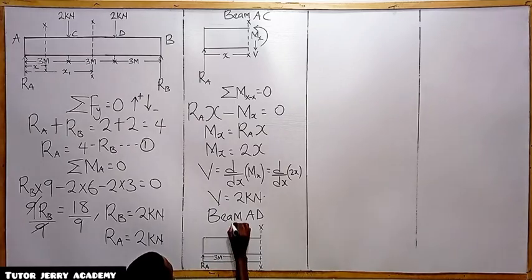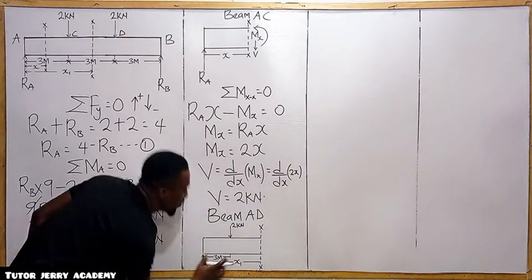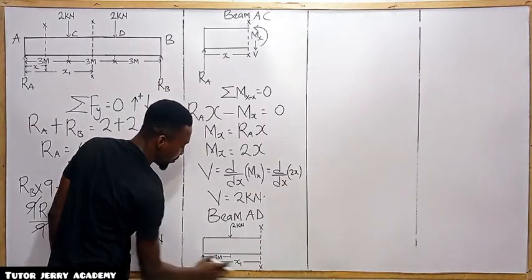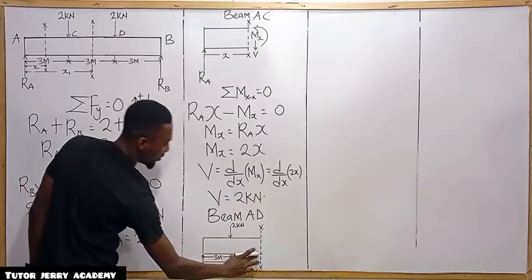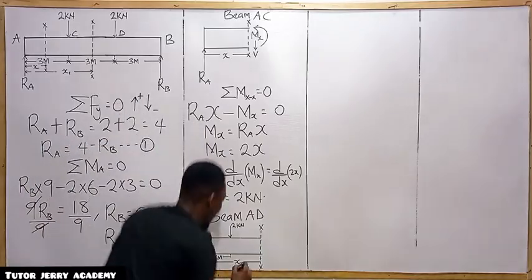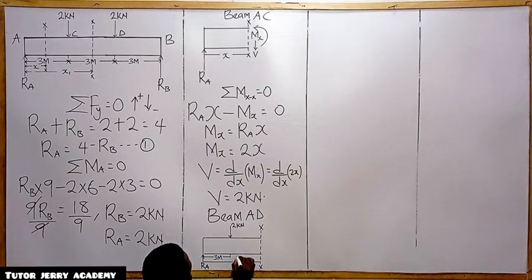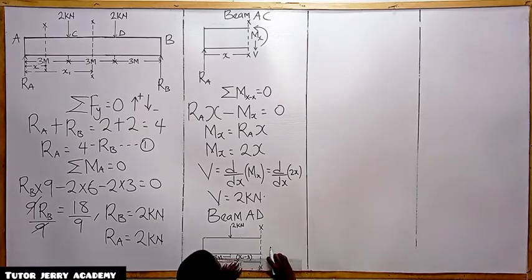Our downward force here is 2 kilonewton. From this point to this point is 3 meters, and from this point to this point is S1, so the distance here is going to be S1 minus 3. So the distance from this point to this point is S1 minus 3.